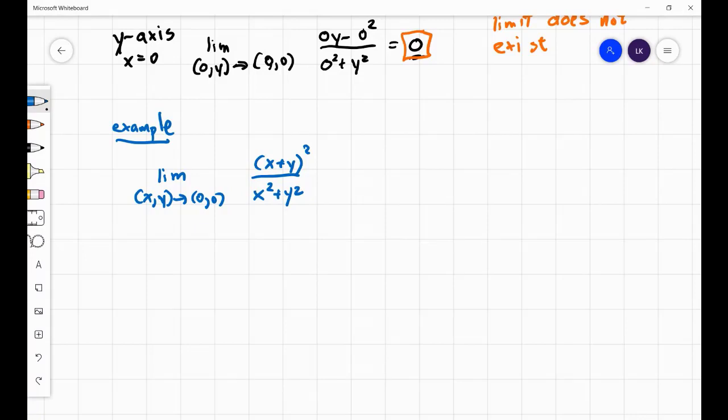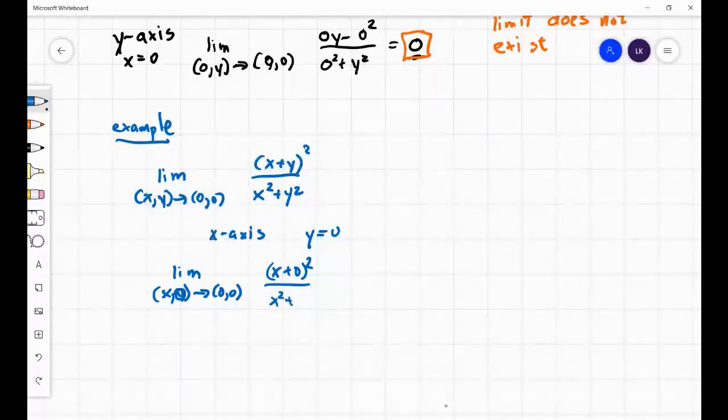If I reproduce what I did previously and just go along the x-axis, you can quickly see that if y is 0, we get x plus 0 squared divided by x squared plus 0 squared, so that expression simplifies to 1. So the limit will be that constant 1.